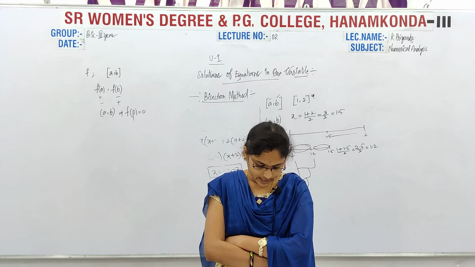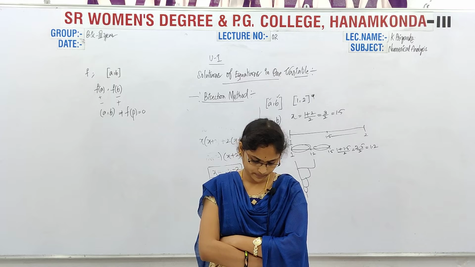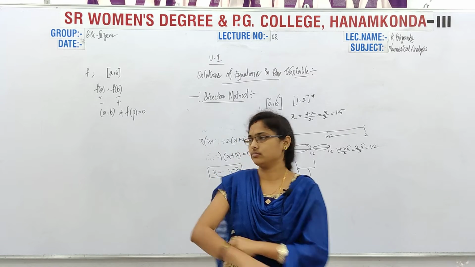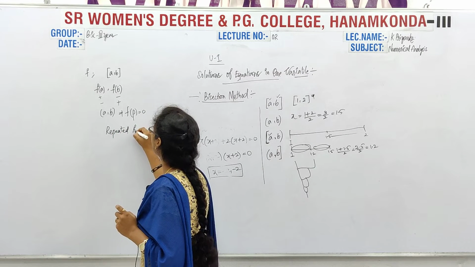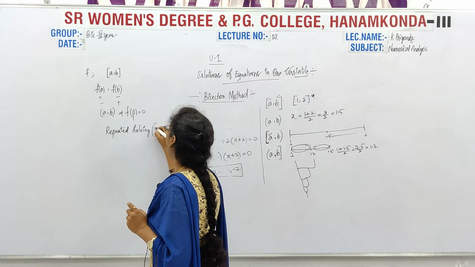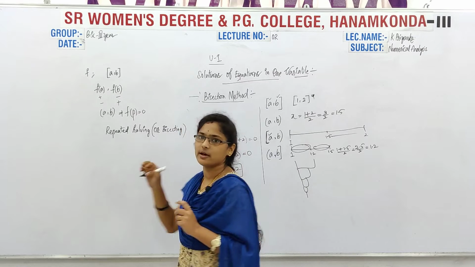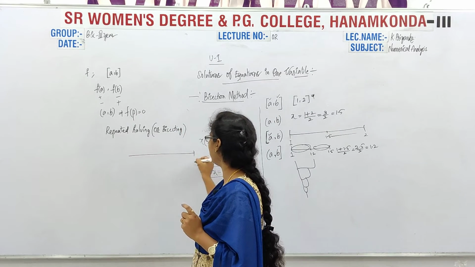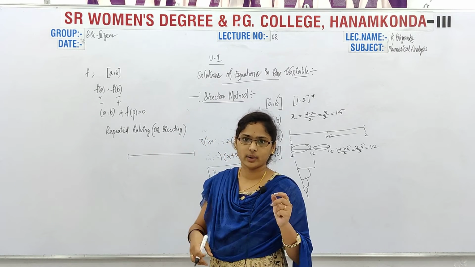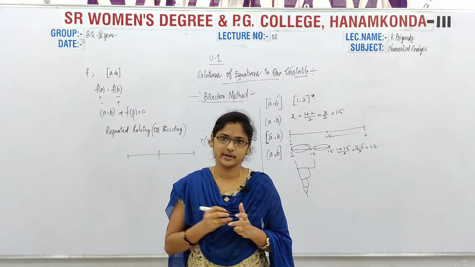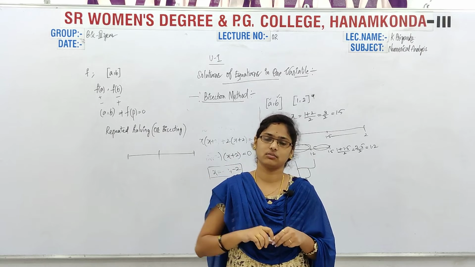Next line. The method calls for repeated halving or bisecting. Bisecting means bi means 2, right? Actually it is a total interval. Bisecting means sectioning. We are dividing, okay? So bi means 2, so divide into 2 parts. Every time it divides the interval into 2 parts. That's why bisection.